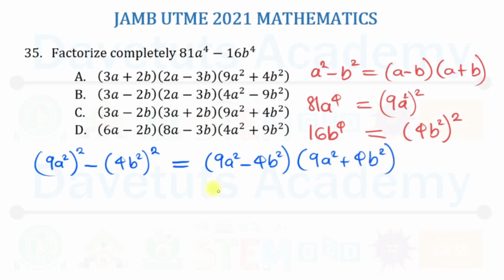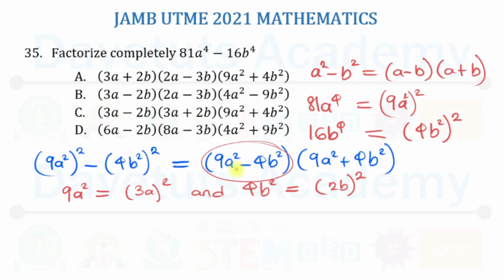That's interesting, and this is a good question. Again, 9a square itself I can write as 3a raised to power 2, because 3 raised to power 2 is 9 and a raised to power 2 is a square. And 4b square I can also write as 2b raised to power 2. So the first bracket can also be expressed as a difference of two squares.